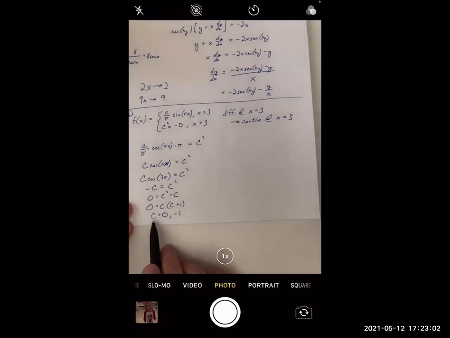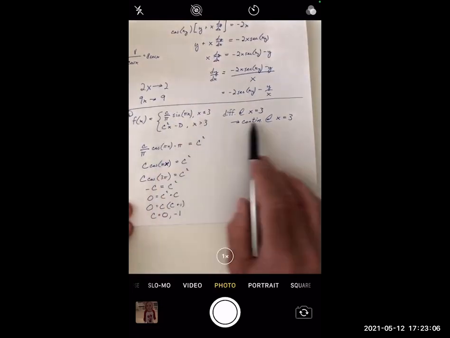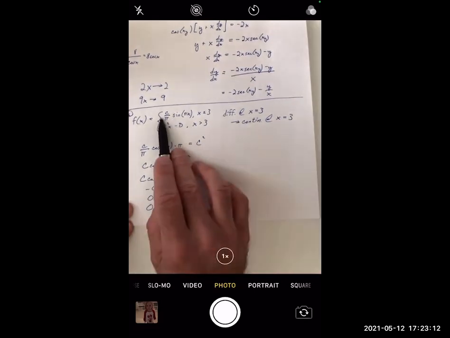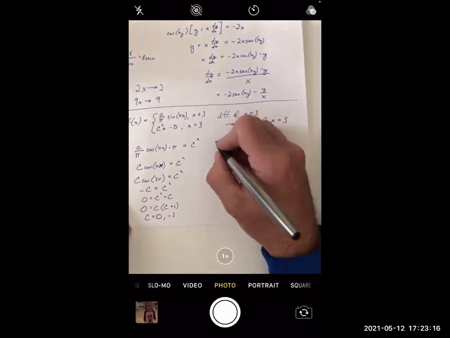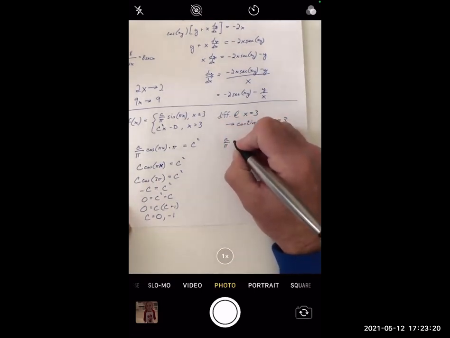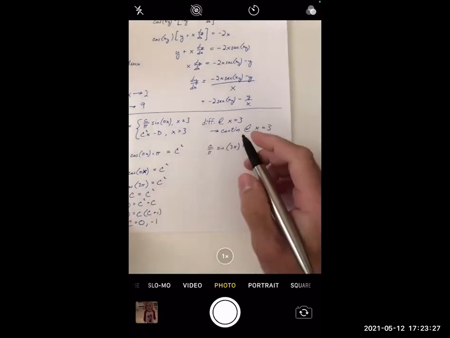All right, so you have one of the letters down. Now you have to find the second one, so now you can use the continuity part. The continuity part just says that when you plug in 3 into both functions, you're going to get the same result. So plug in the 3 for the x.